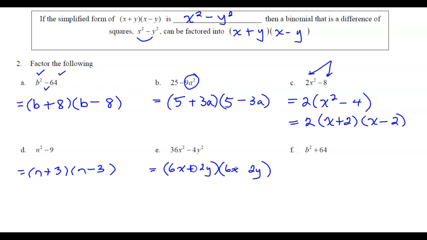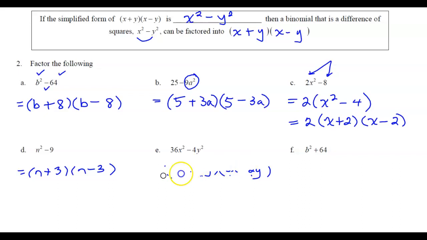One as a plus, one as a minus. Problem is, take a look in the brackets. So in each bracket, there's a common factor of 2. So I would then have to factor out a 2 from each bracket. That's a pain, and usually students forget. So that's why I said don't copy this down.